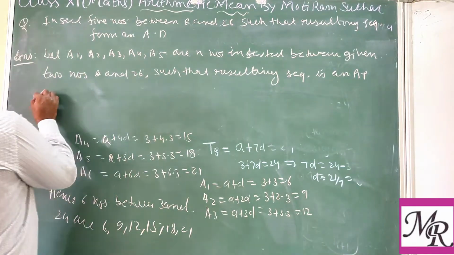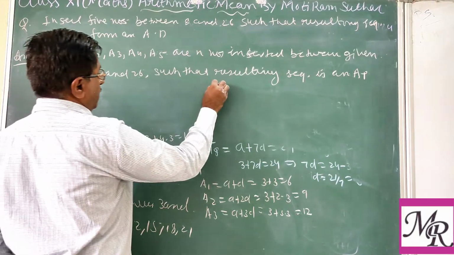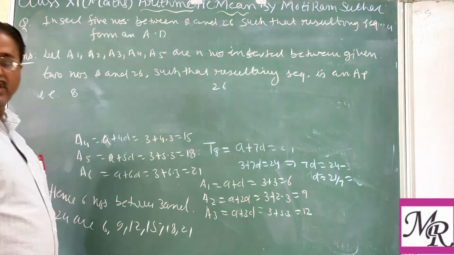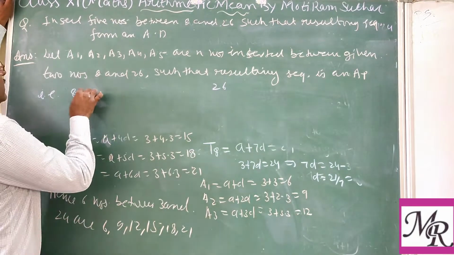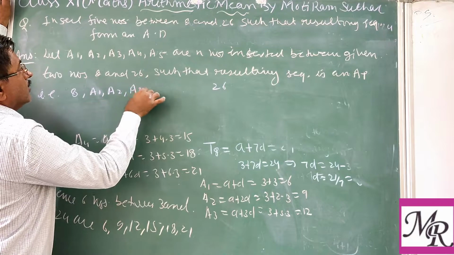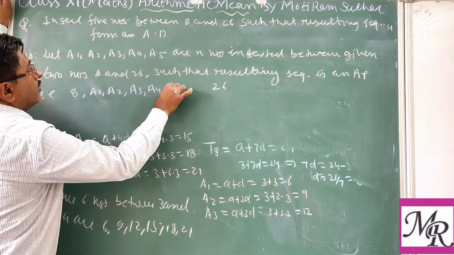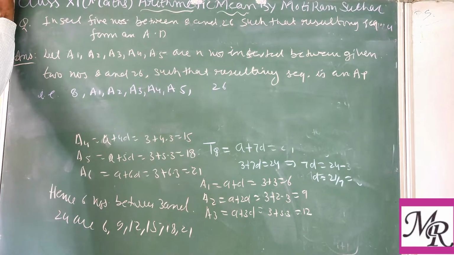So the first number and last number are already given. We have to insert 5 numbers between these, that is A1, A2, A3, A4, A5. Now our job is to find all these 5 numbers which we are inserting.